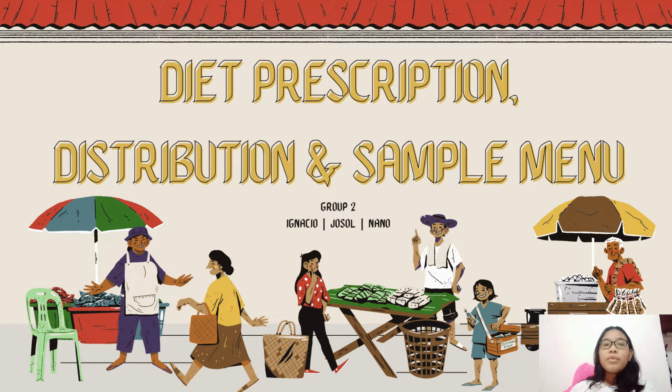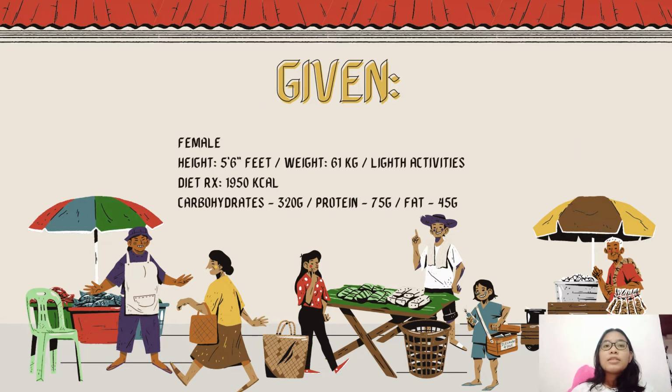For today, we will be presenting our activity number 6, which is entitled Diet Prescription, Distribution, and Sample Menu. Based on the activity, the given is a female patient with a height of 5 feet 6 inches, a weight of 61 kilograms, who is doing light activities.